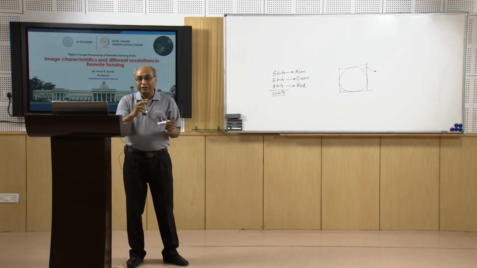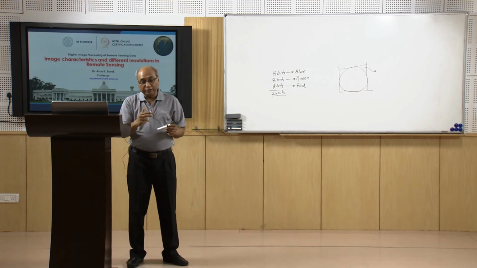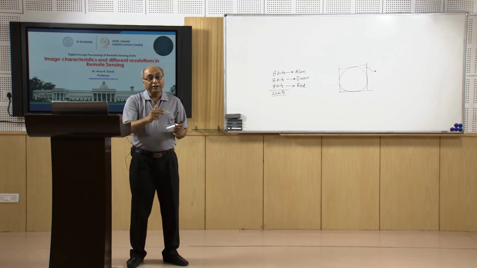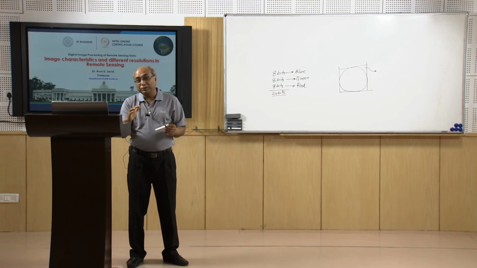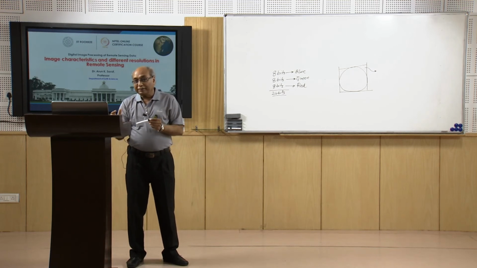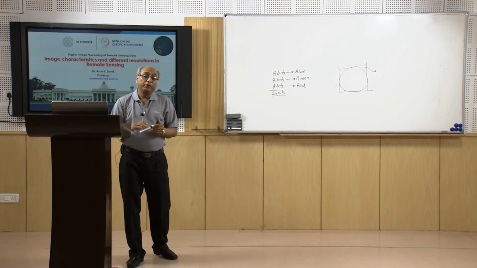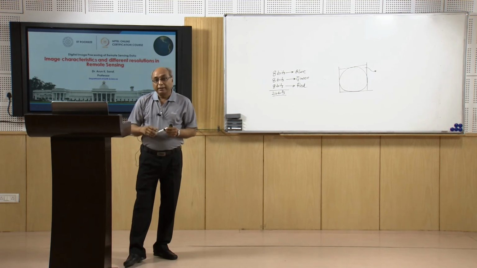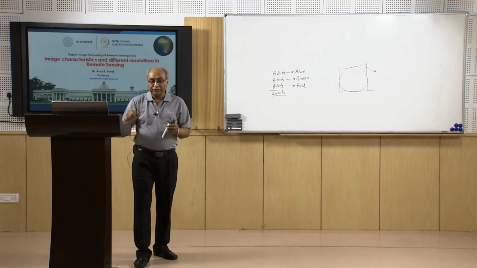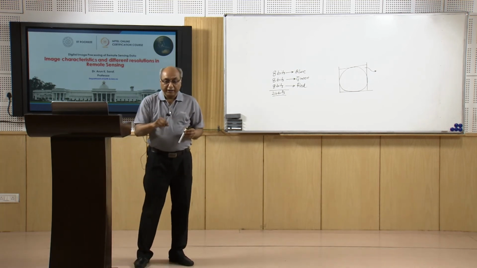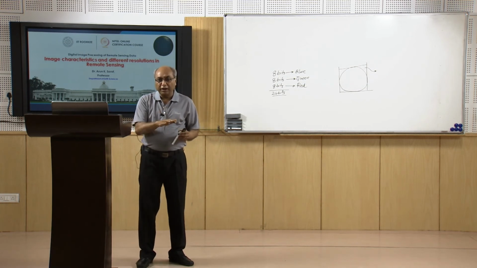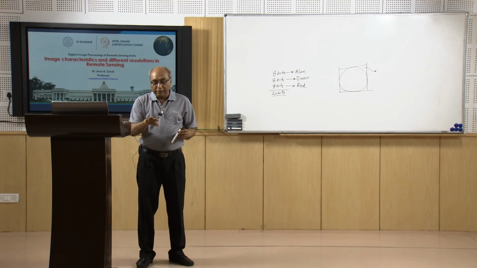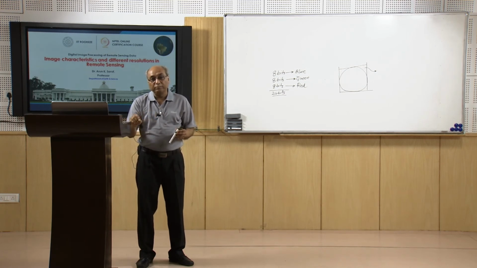So 2 different color schemes are used. Additive color schemes are used for display purposes, and subtractive color schemes are used for your printing devices. You might notice in newspapers at the very bottom, in either the bottom left corner or right corner, 4 dots in 4 different colors: cyan, magenta, yellow and black.